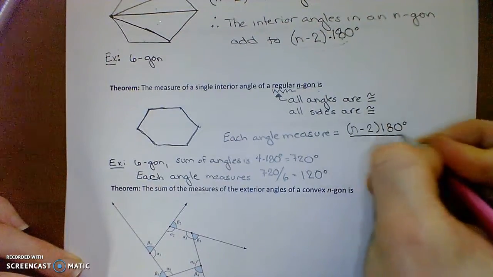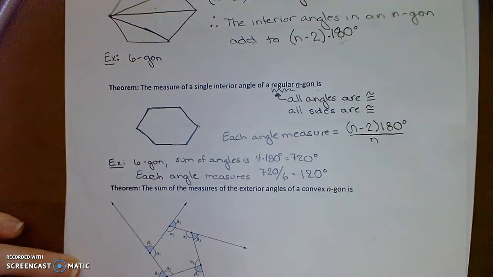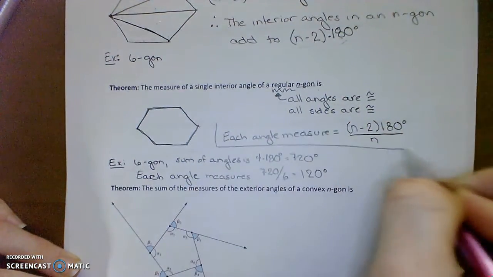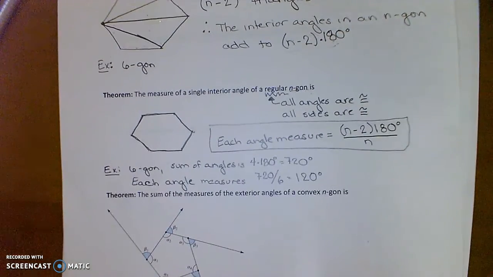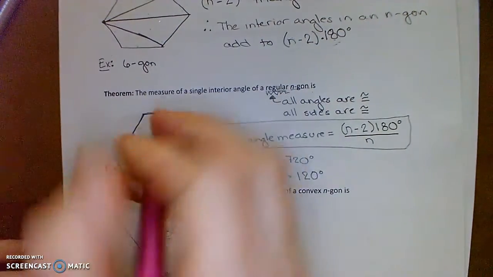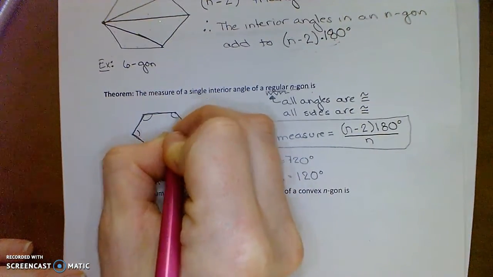But then we divide by however many angles there are, which is n. So n minus 2 times 180 over n. And that's our formula for each angle measure, but this only works if you have a regular n-gon, meaning that all of the angles are exactly the same measure.